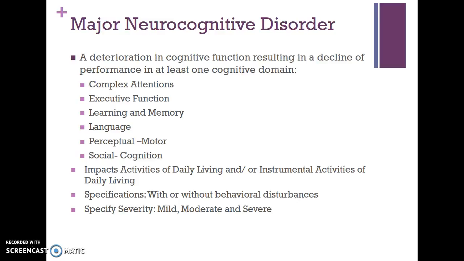Whereas moderate would be that because of their inability to process or plan certain information, they can no longer pick out outfits and put on their pants. That's where you start to see the decline in the activities of daily living. And then severe would be someone who is completely dependent in all everyday activities.